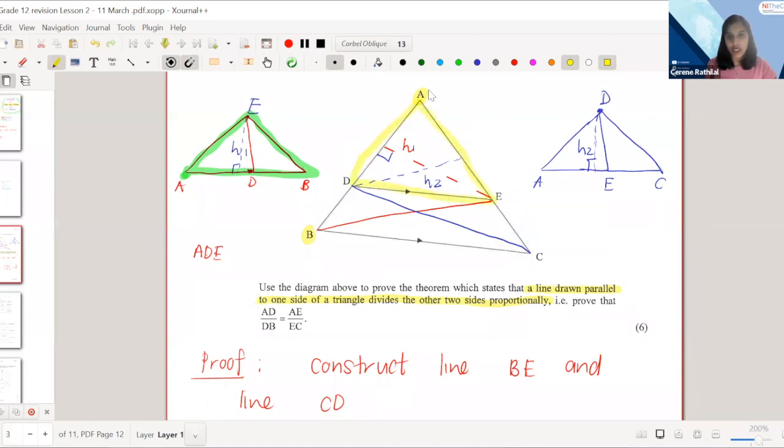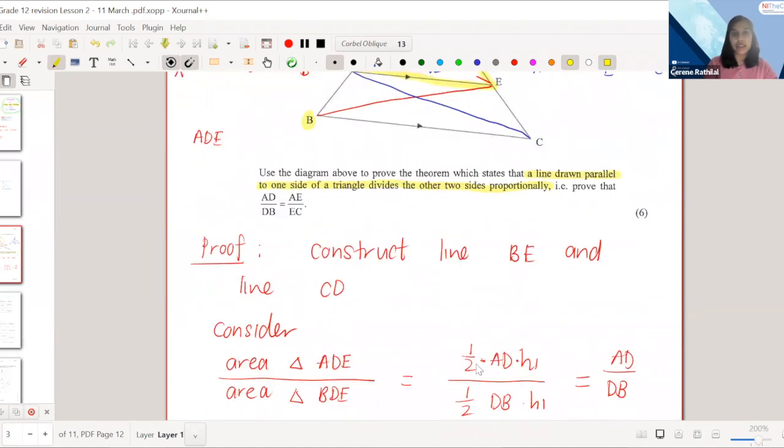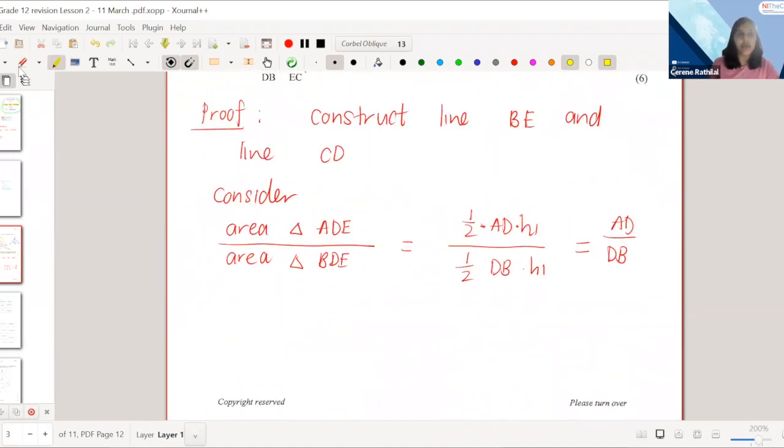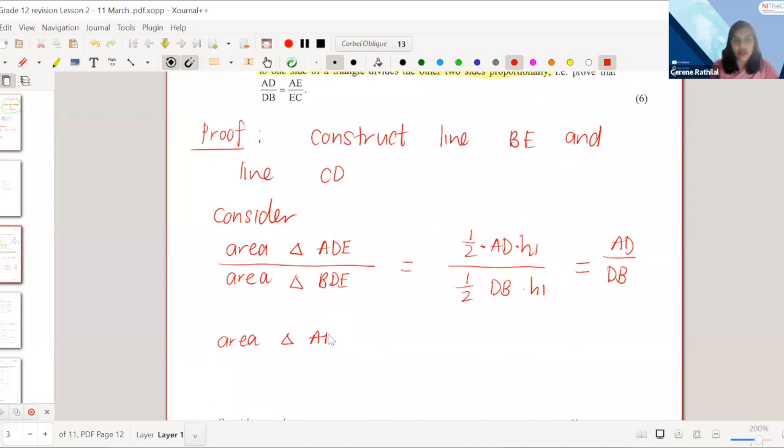This time round, we will still talk about ADE. So now we want to talk about the area of triangle ADE over the area of triangle. And now we're going to be careful about what it is that we pick.